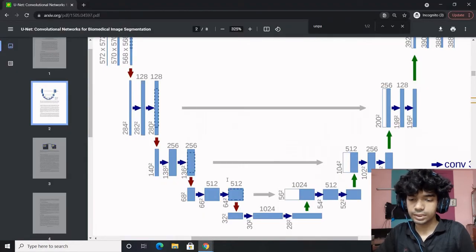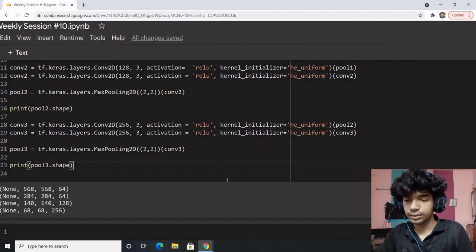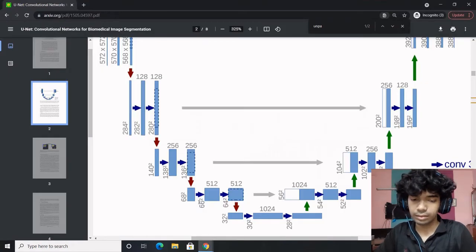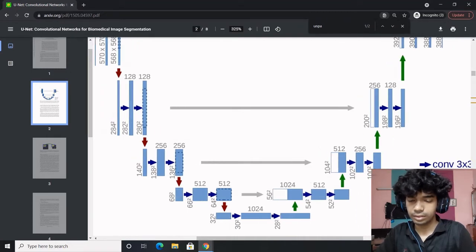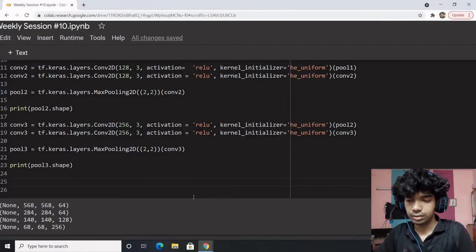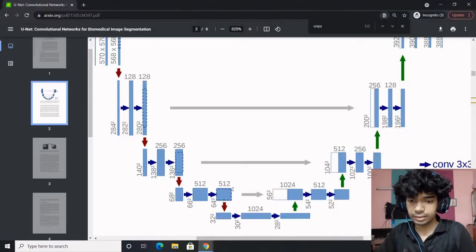68, 68, 256, and the last one would be this one, convolution 4. I think this is the second last one.